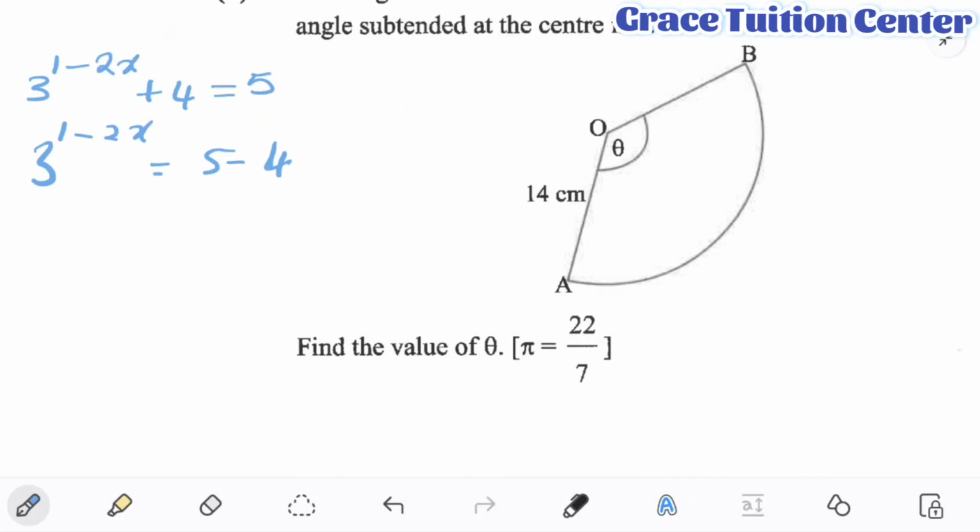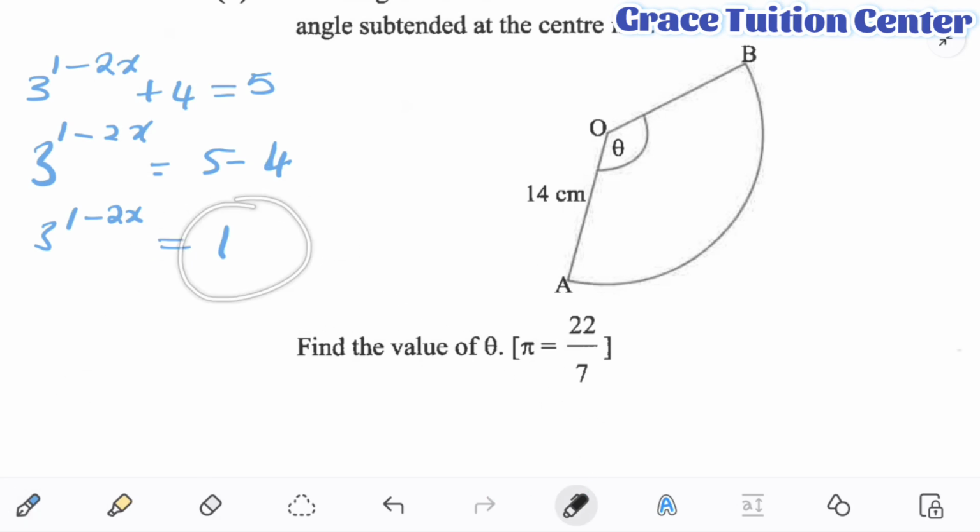Once we get our 5 minus 4 there, what is 5 minus 4? That is 1.